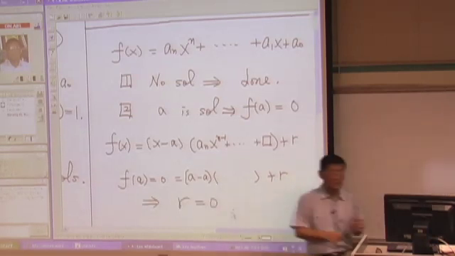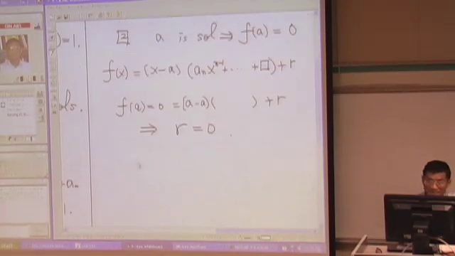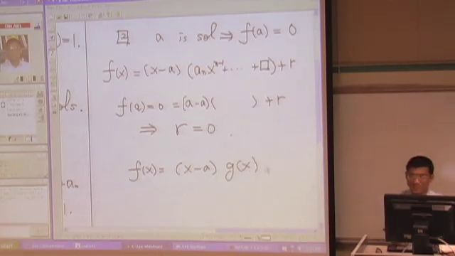In other words, F of X equals X minus A multiplied by something, let's call this G in short. G has degree n minus 1.